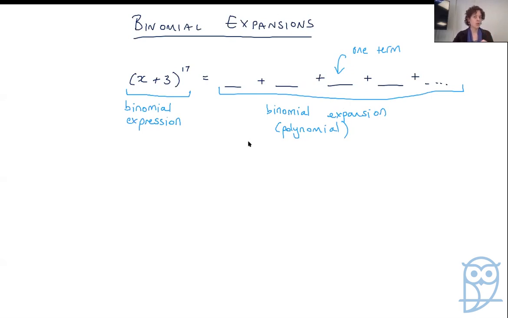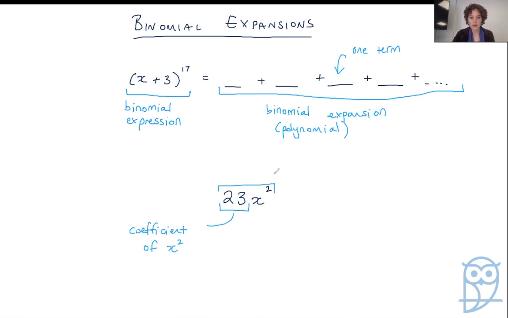Looking at one term in a little bit more detail, let's say we have 23x^2. There are a few things we want to note here. This here is the coefficient of x^2.